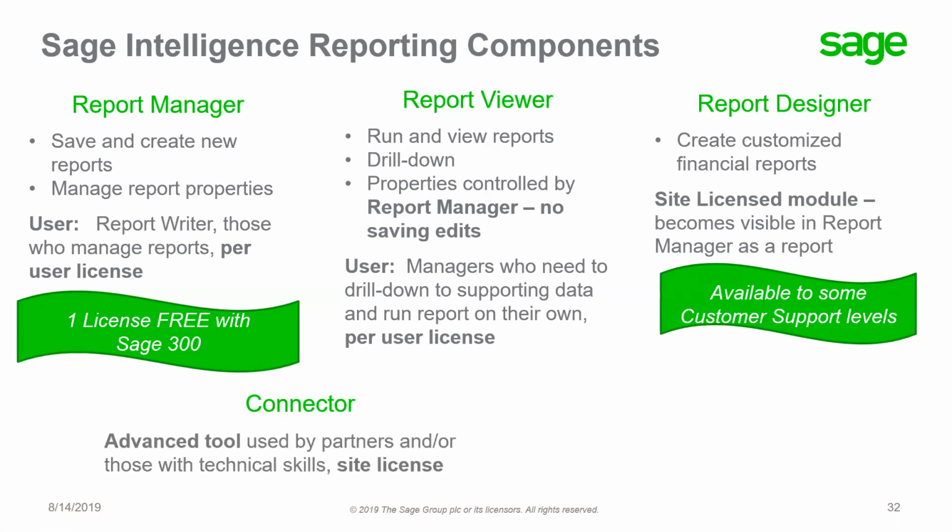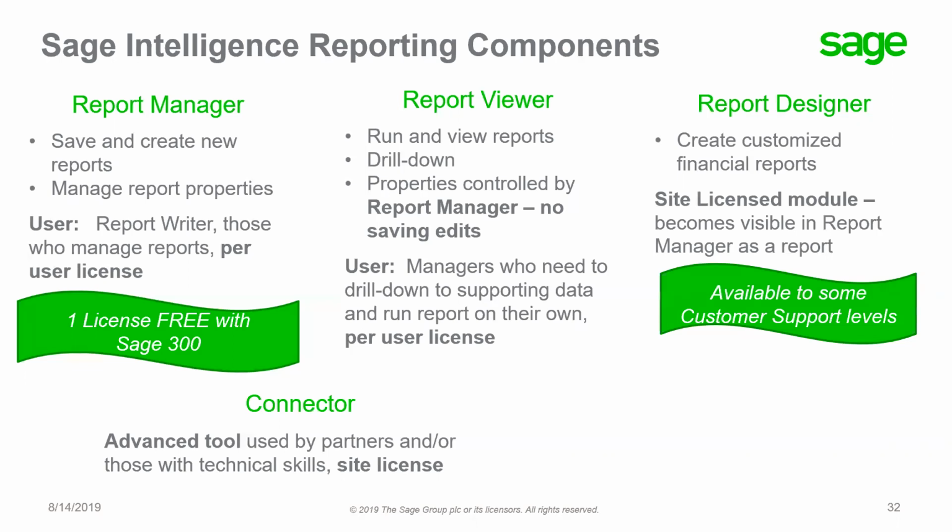Other options. Connector, as I mentioned, is the module where you're able to connect to other sources. So not just connect to additional data within 300, but connect to fixed assets if you have Sage fixed assets, connect to HRMS if you have Sage HRMS, if you have an Excel file, if you have software outside of Sage and you want to create a report from that.